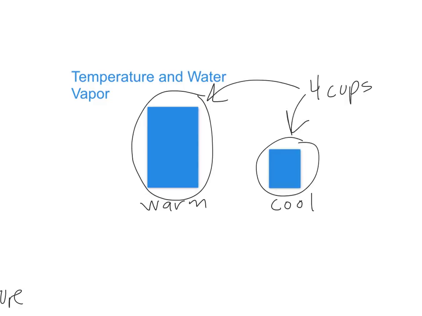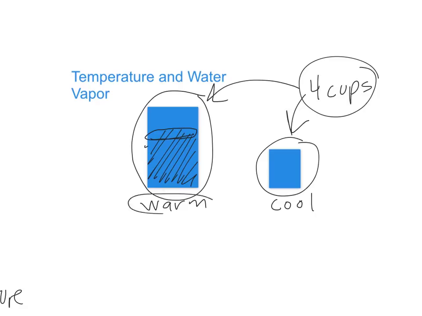What happens when I add the 4 cups to the warmer container is that it fills it up to about right here. Now just imagine for a moment if I take that same amount of water that's in the warm container and I pour that into the cool container.